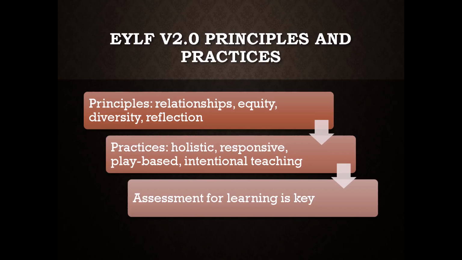The practices include approaches such as learning through play, intentional teaching, creating supportive environments, cultural competence, and ongoing assessment. When applied consistently, these principles and practices ensure that children's learning is supported in a respectful, equitable, and meaningful way.